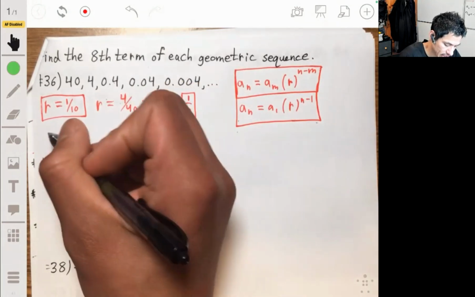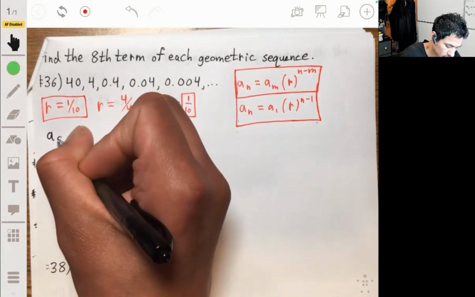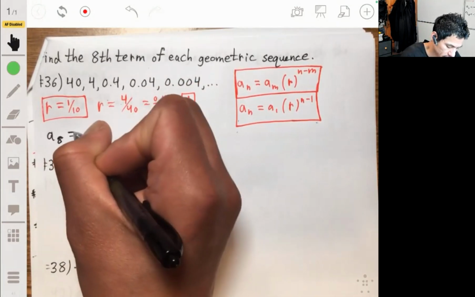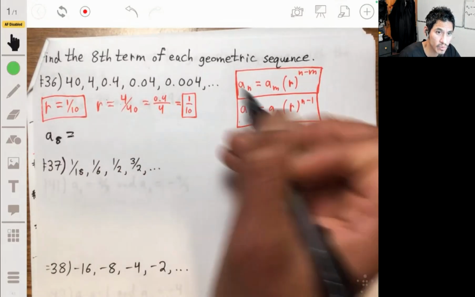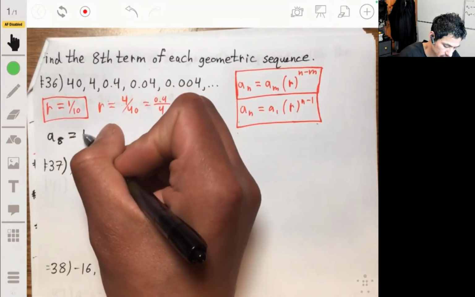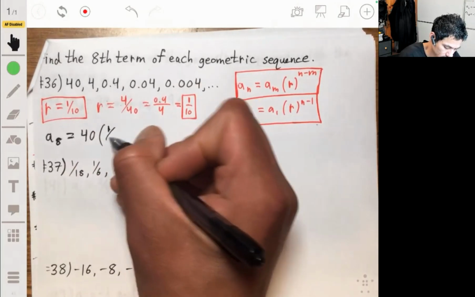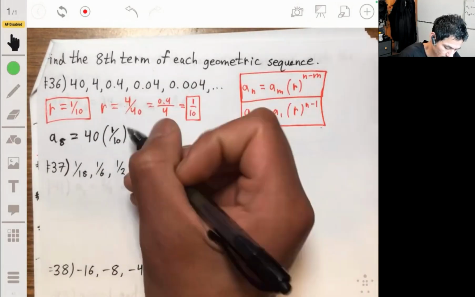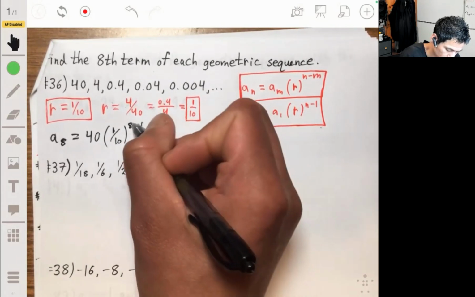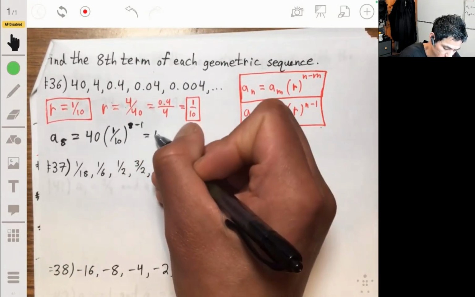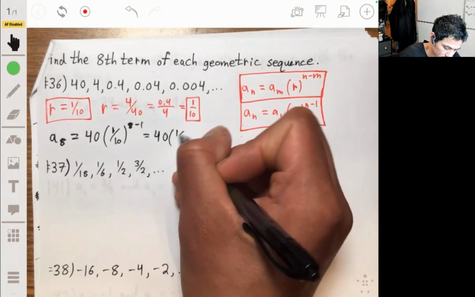Okay, so to find A8, we're going to have A8 be equal to A1, which is 40 in this case, times r, which is 1/10, to the 8 minus 1 power. So 40 times 1/10 to the 7th power.